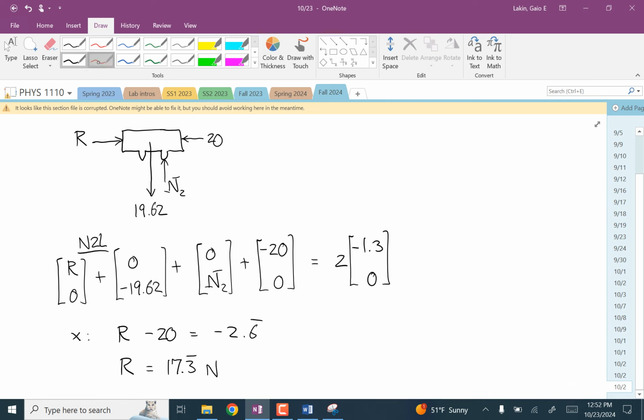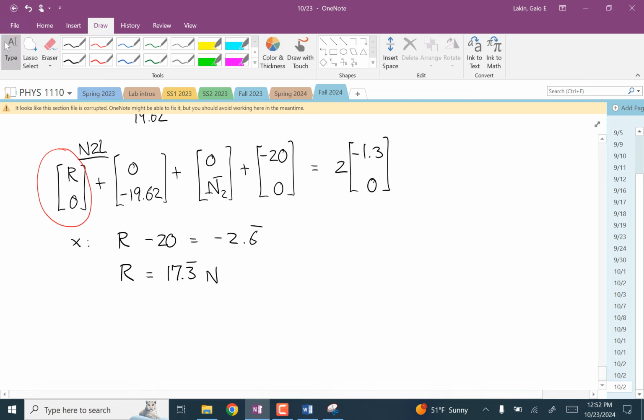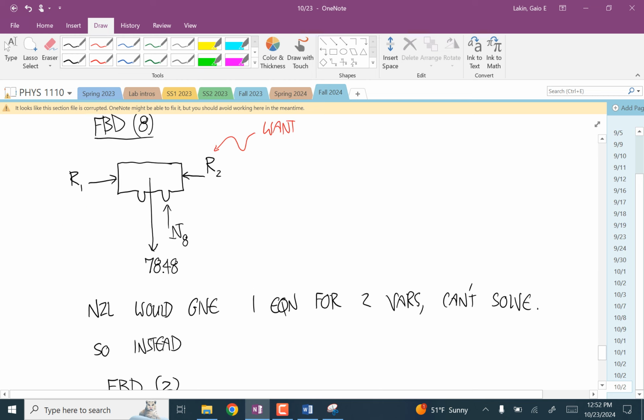Okay, so this that I circle here is the force on the 2 by the 8. Okay, so if I plug this in, we get that the force on the 2 by the 8 is equal to 17.3 repeating, 0. That's not what the problem asked for, though.